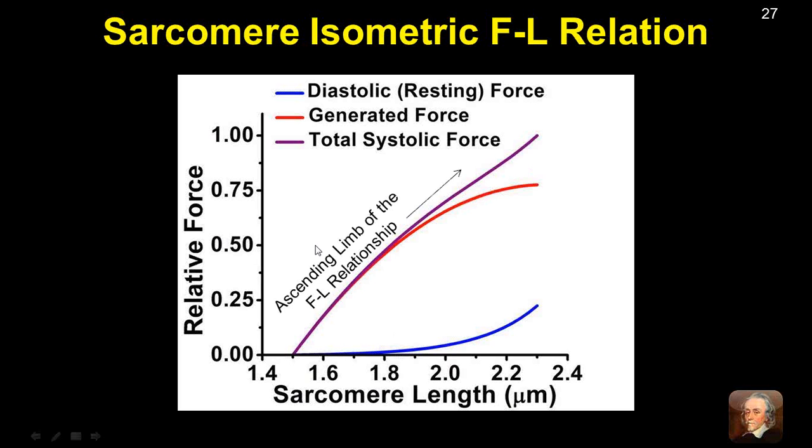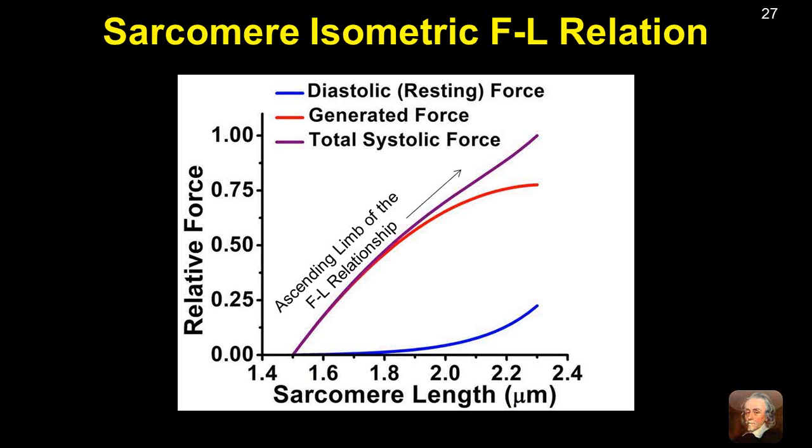This is called the so-called ascending limb of the force-length relationship, because in cardiac muscle, as you stretch the sarcomere, the force increases, and in cardiac muscle, there's a restraint of how far you can stretch the muscle that's imposed by the extracellular matrix and the cell membrane itself. So in cardiac muscle, we really don't reach the descending limb of the sarcomere length force-length relationship unless you destroy the sarcolemma.